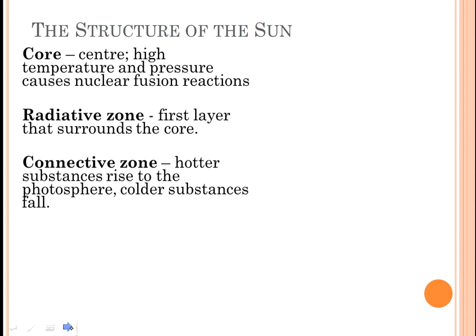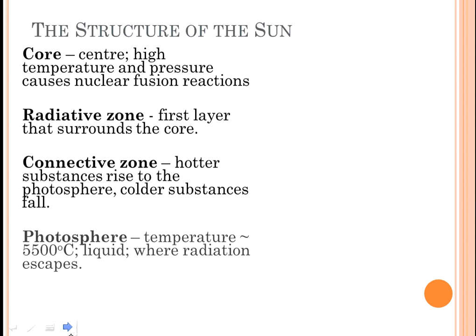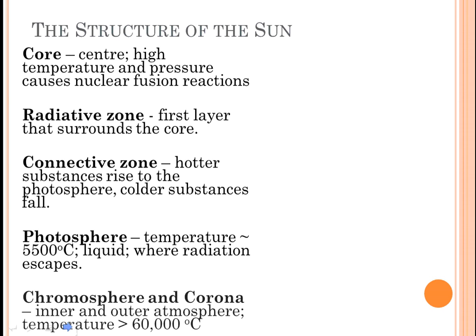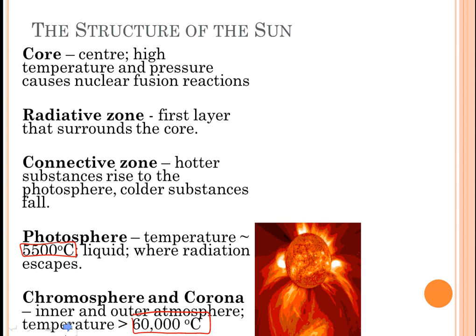You have your convective zone, so hotter substances rise to the photosphere and colder substances fall. And then your photosphere, this is where the temperature is about 5,500 degrees Celsius, and then you have your chromosphere and corona, the inner and outer atmosphere, and this is where the temperatures get really hot, because 5,500 is not really hot when you're comparing it to 60,000 degrees.